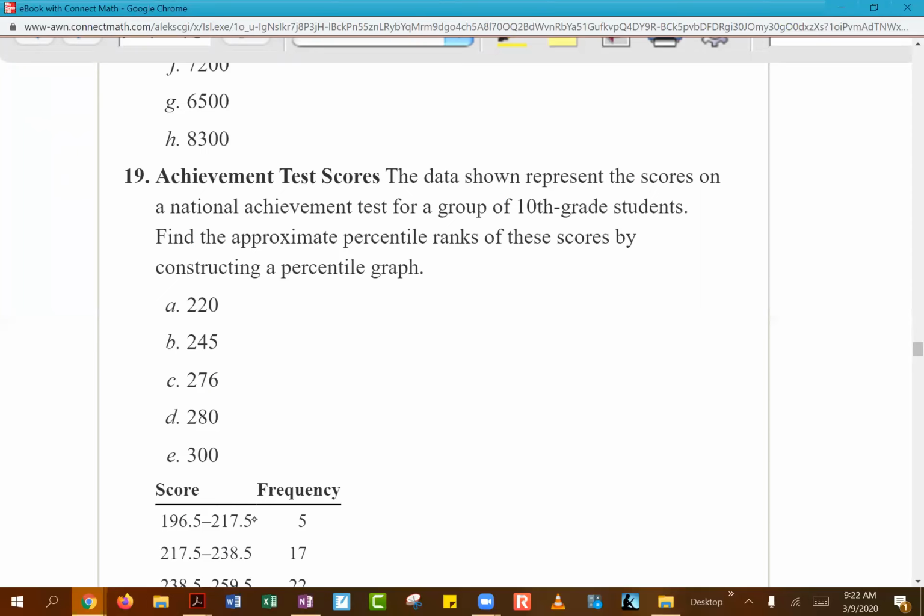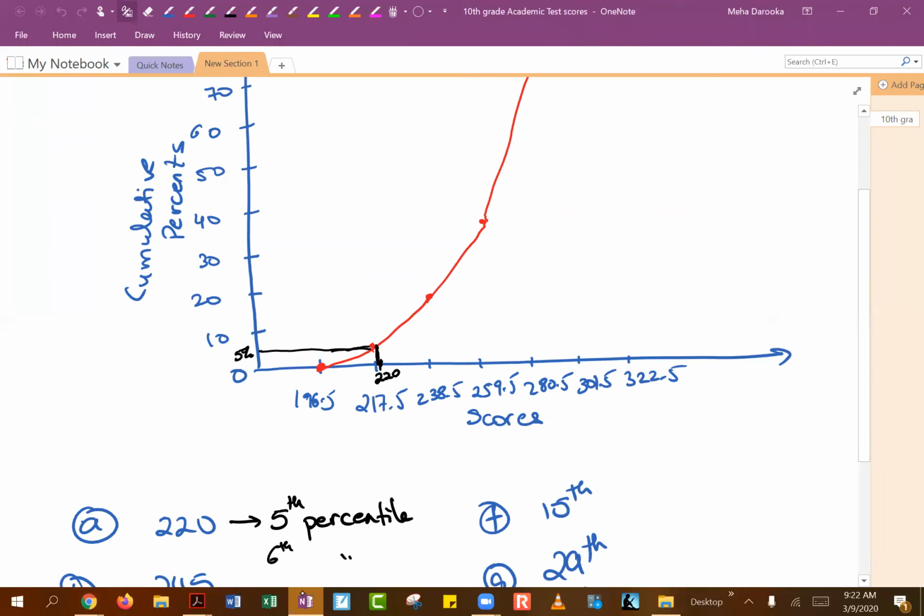So for 245 as your score, what would be that percentile rank? Just to show you how we would go about doing this, you have to find out approximately where 245 would be.